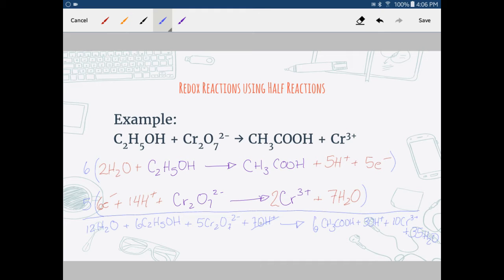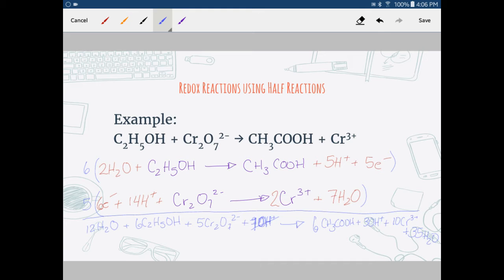What have I done? 12 and 6 and 5. Oh, and 70. Oh, that's right, 70 H positives. Okay, sorry about that. So I can cross out any common entities. I can cancel out some waters, and I can definitely cancel out some of my hydrogens as well.